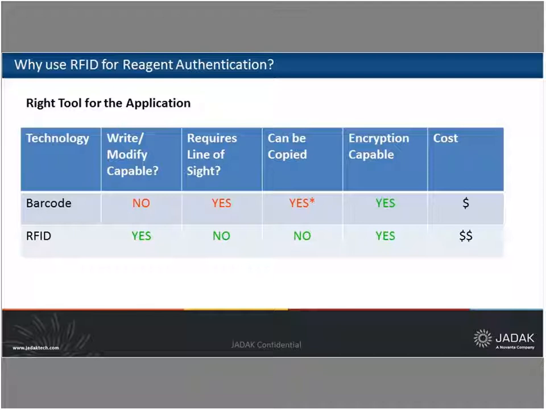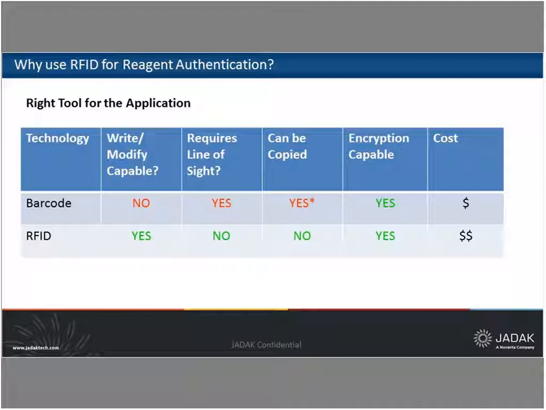Line of sight, barcode is obviously an optical technology, so line of sight is going to be important. RFID, not so much. Because of this, you can take an RFID tag, bury it underneath a label that has human readable text on it, for instance, or even mold it right into the plastics of cartridges or devices. Can it be copied?